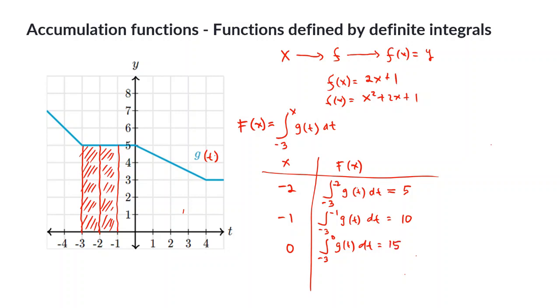Final example: what if x equals 2? It's the integral from -3 to 2 of g(t) dt, which is the whole area until here. So we have 15 plus 16, 17, 18, 19, 20, 21, 22, 23. Then we know that this is 1, so it's 24.